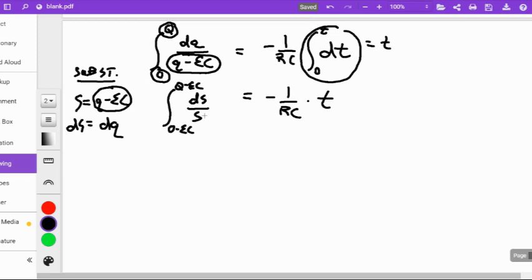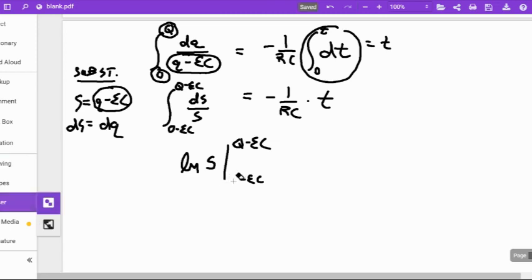So what is the integral of 1 over s? That's the natural log of s, but you have to evaluate it between these two limits. I'm going to take out that 0 because I don't need it.